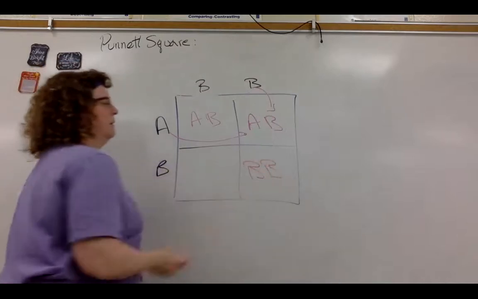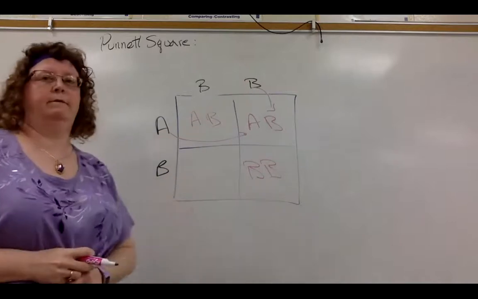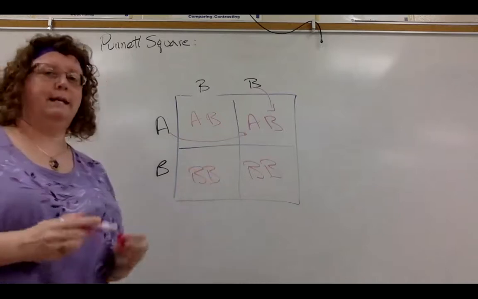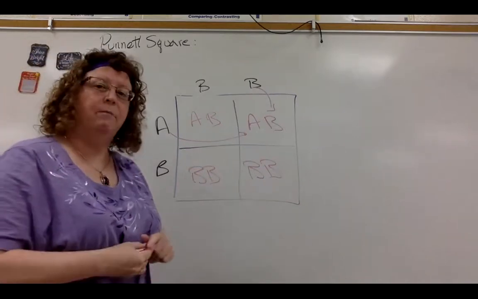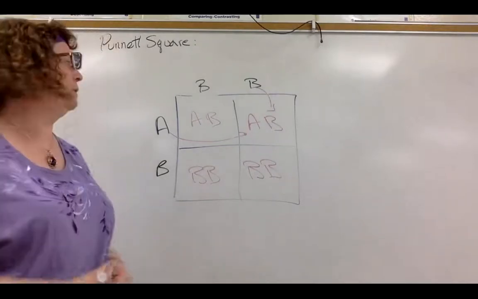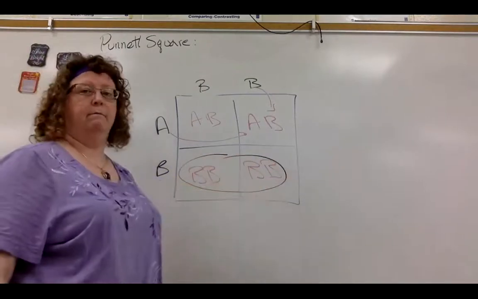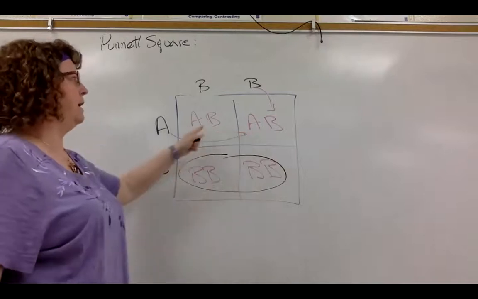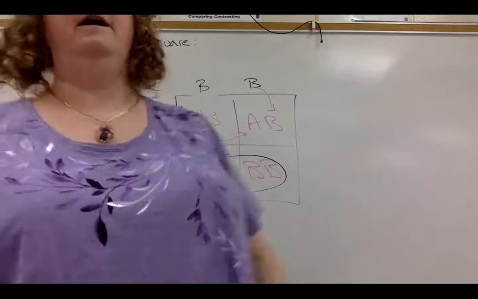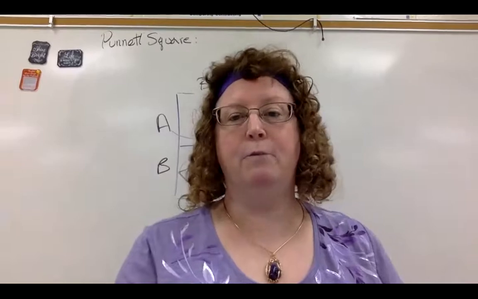This is BB. This B comes over, this B comes down. And then this blood type is homozygous B. So if Marquand is B blood, what is his genotype, or what are his alleles going to look like? Marquand is going to be BB. He can't be anything up here because there's an A present, and Marquand doesn't have A blood. He's got B blood.